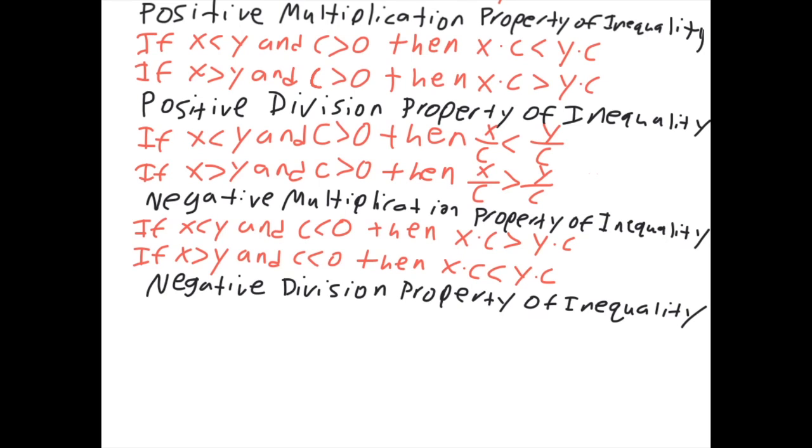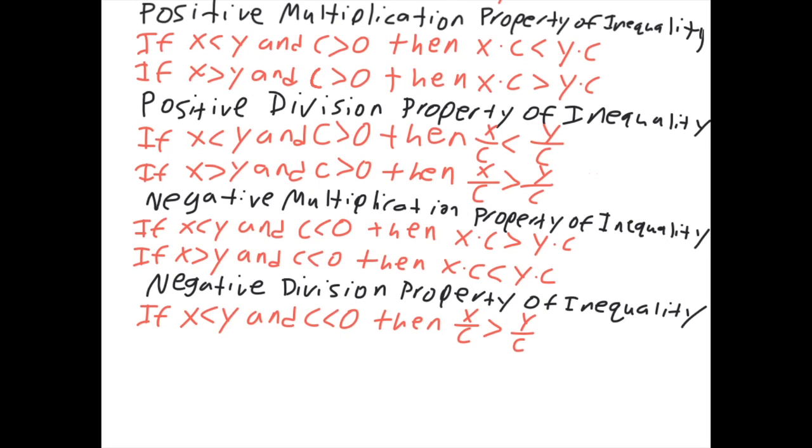Now for the last of these properties. The negative division property of inequality pretty much does the same thing. If x is less than y and c is less than 0, again, a negative number, then x divided by c is greater than y divided by c.